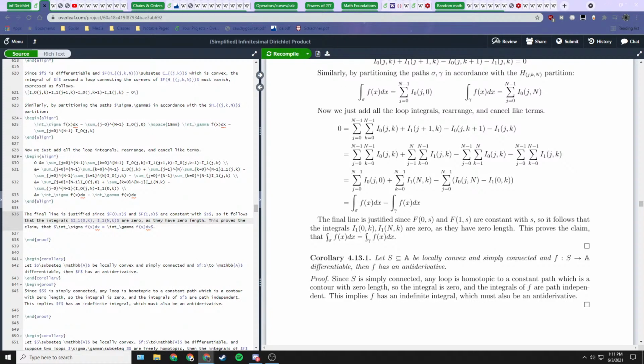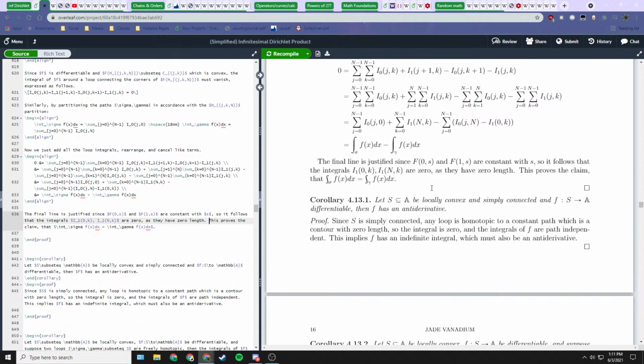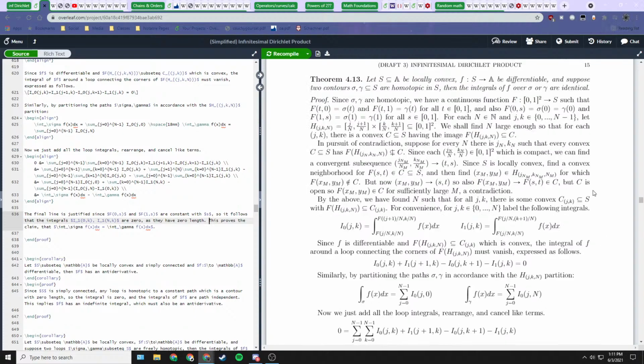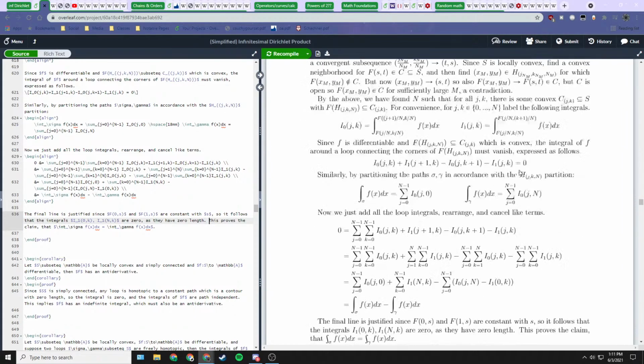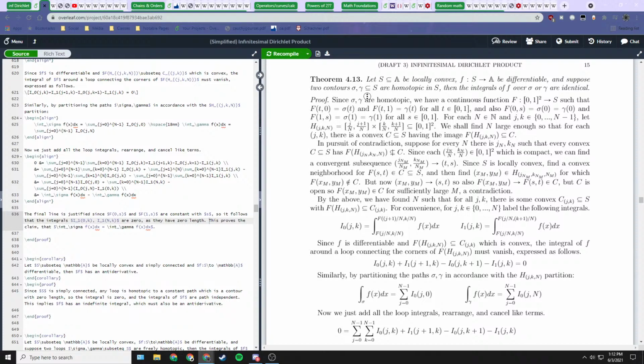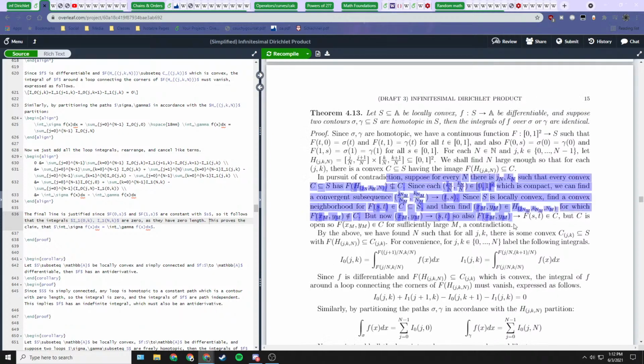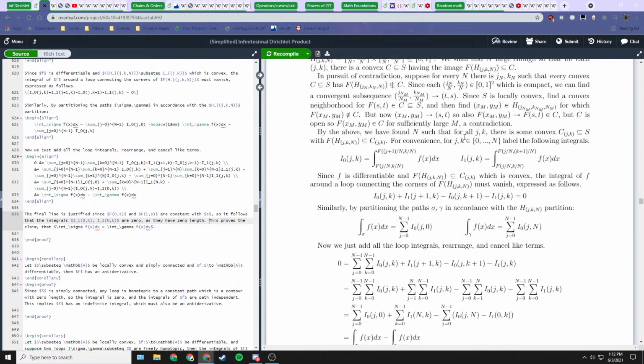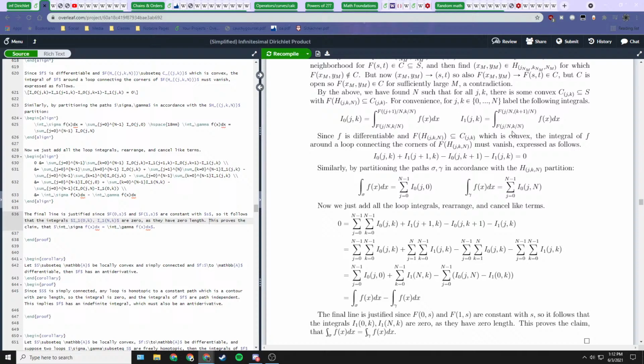Okay, so I've modified this first proof to have this last justification at the very end. So all of this is valid. So we have this homotopy with base point. We find this partition, and then we note we're going to label these integrals.